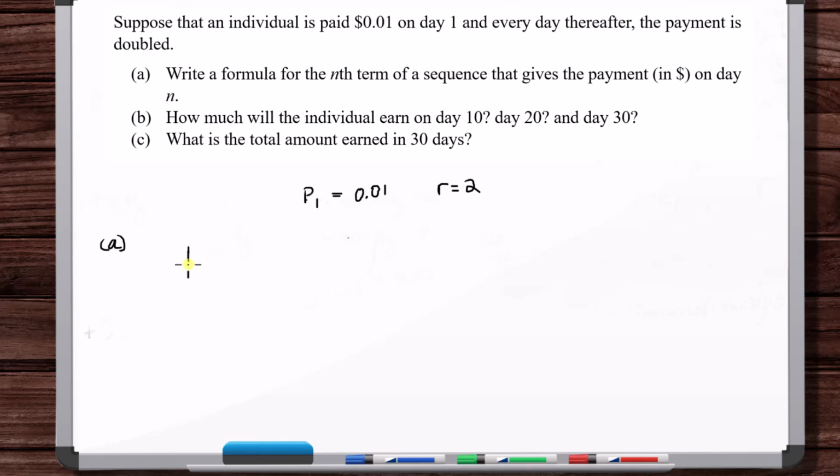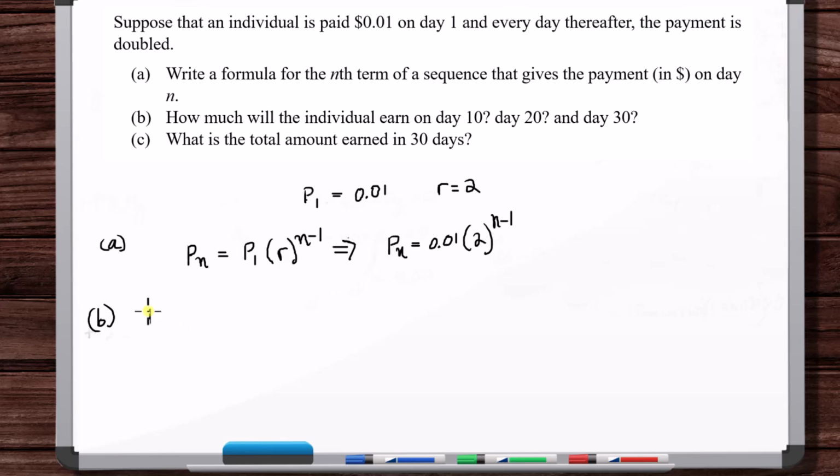Okay, but the payment on day n is equal to P1 r to the n minus 1. So Pn is equal to P1 r to the n minus 1. So that's part A.